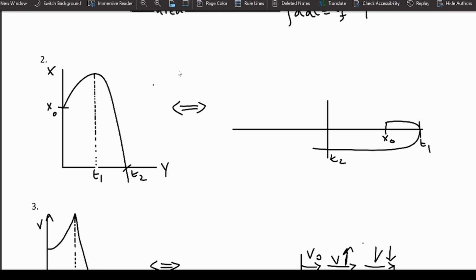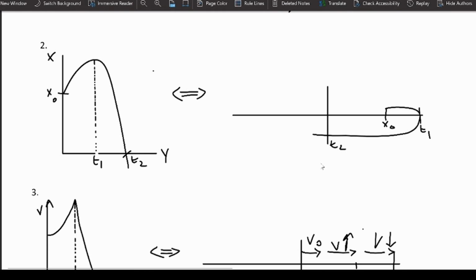When we have to visualize this in the form of motion of the particle, we realize that the slope at the point t1 is 0, so the velocity is 0, and we can understand that the particle takes a turn at t equal to t1, right? And it becomes 0 at t equal to t2.